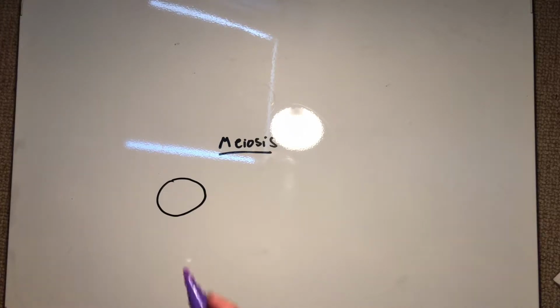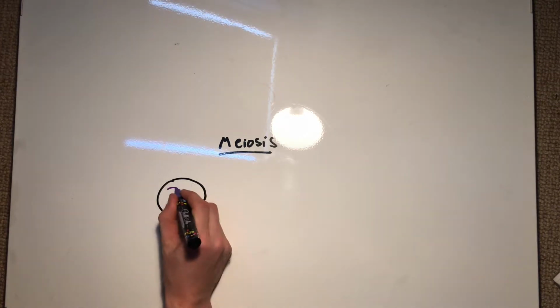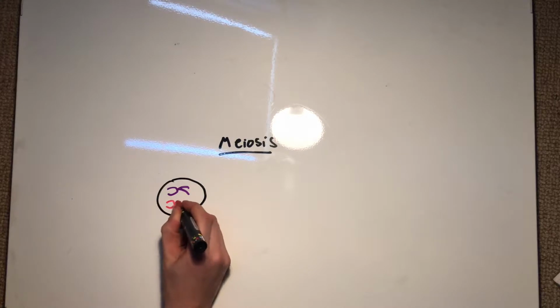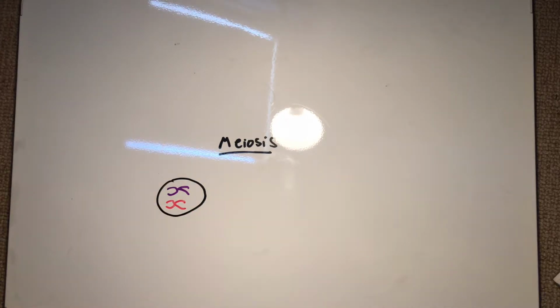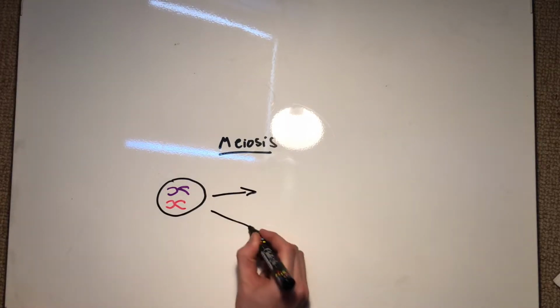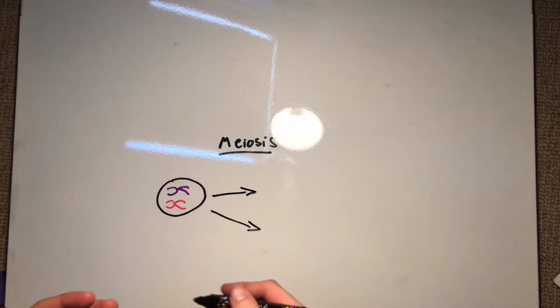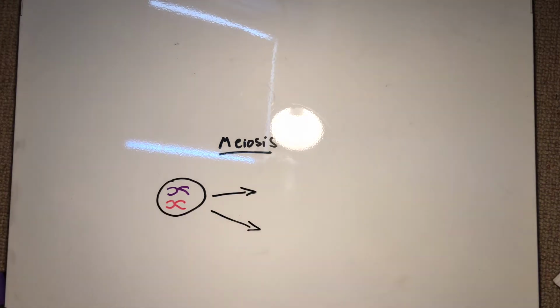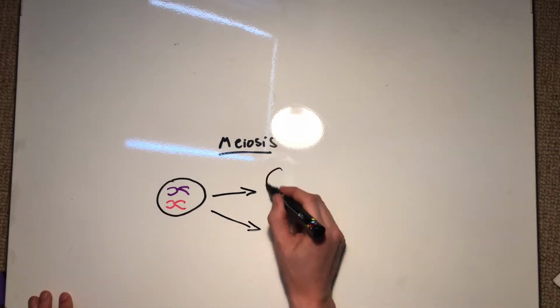They line up in homologous pairs, one from the father and one from the mother, and they're the same chromosome. During meiosis 1, all the homologous pairs get split and randomly assorted into the two daughter cells.